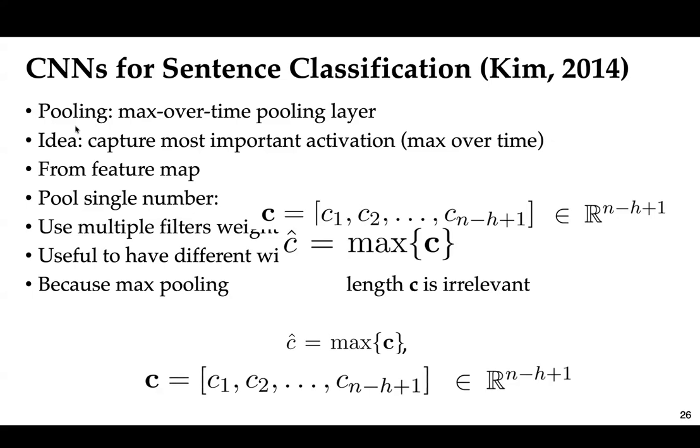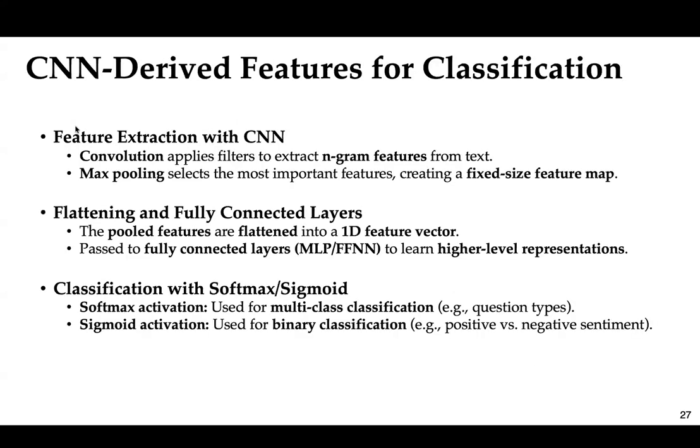You use multiple filters, for example 2, 3, 4, and then you get the max of those filters. It's useful for different widths of the given input, and because you are using max pool, the length itself is irrelevant. The eventual feature representation is what you have here, and you feed that into your classifier. This is the way it works from start to end.